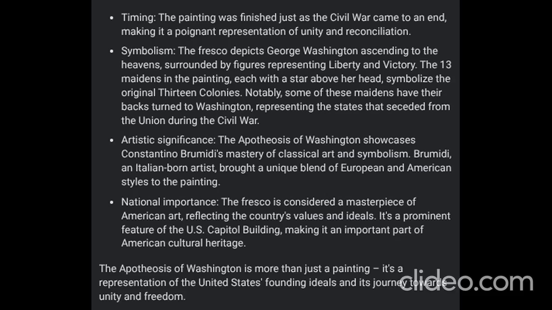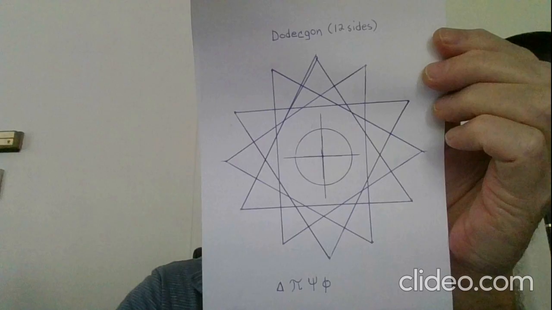So then you get past the description of the apotheosis, and the next slide here is the dodecahedron. A dodecagon is, I believe, a five-sided geometric shape.